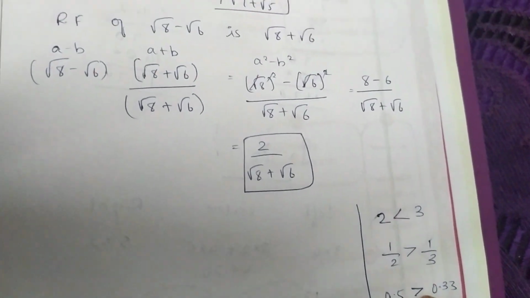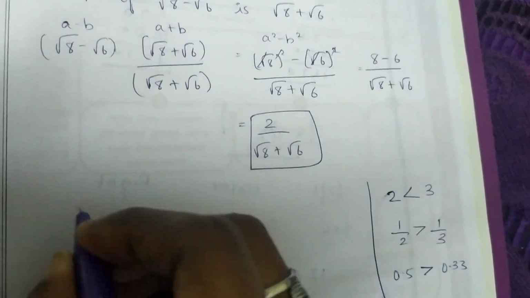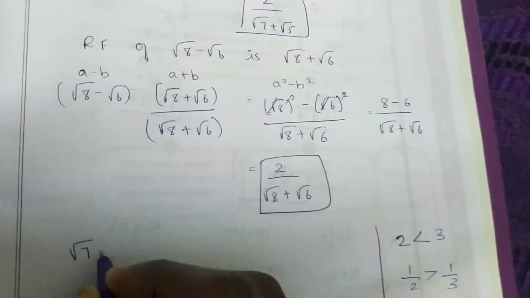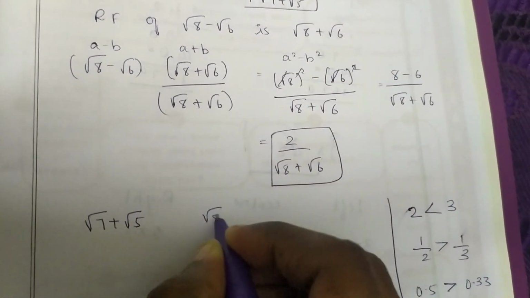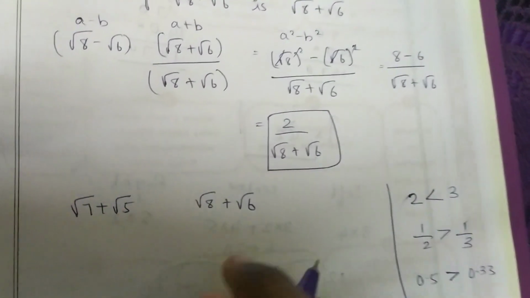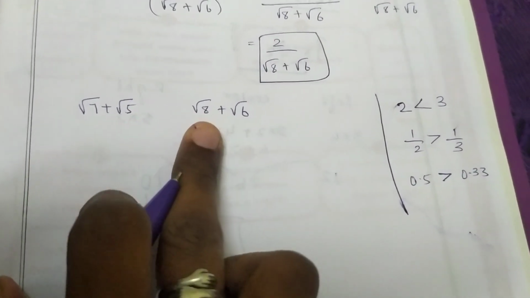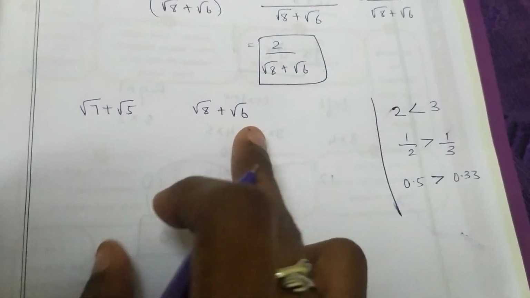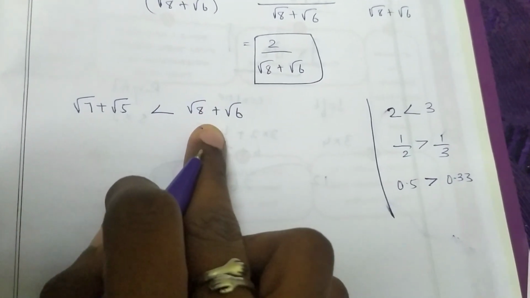Now I am going to compare these two denominators, root 7 plus root 5 and root 8 plus root 6. Tell me which is the greatest. 7 plus 5 is 12, and 8 plus 6 is 14. So by seeing I can tell that root 8 plus root 6 is the greatest number.